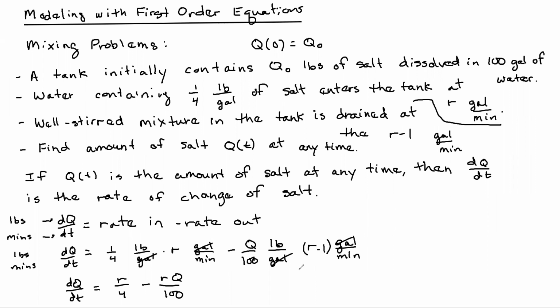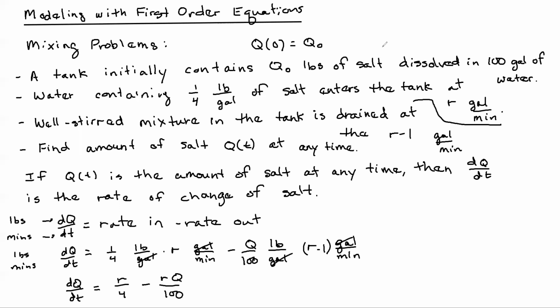And you might think that would be the end of it. However, this is just something to be aware of. The R here and the R minus 1 are both correct, but one other thing changes in the problem, and that is this quantity here. What that is saying is that every minute, if you're adding R gallons and draining R minus 1 gallons, then you're adding an extra gallon every minute.